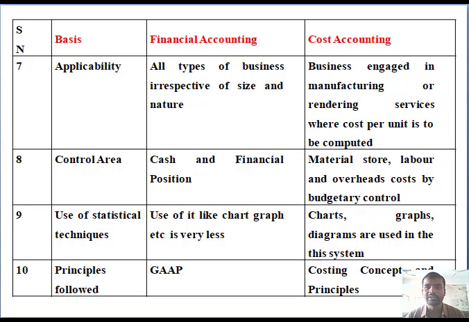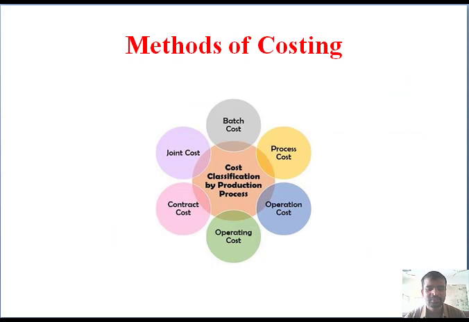Next, I am moving to one of the important components of costing, the methods of costing. The methods of costing under various classifications are job costing, contract costing, process costing, operation costing, operating costing, joint costing, and batch costing.